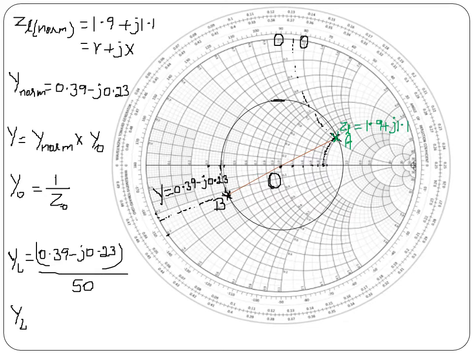Therefore, YL is equal to 0.0078 minus j0.0046 siemens. This is the answer for the example problem.